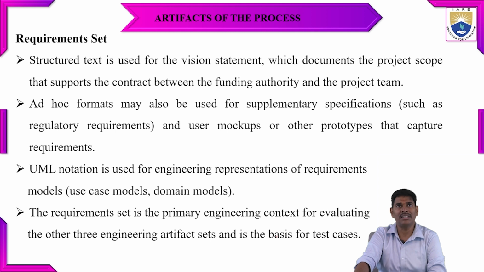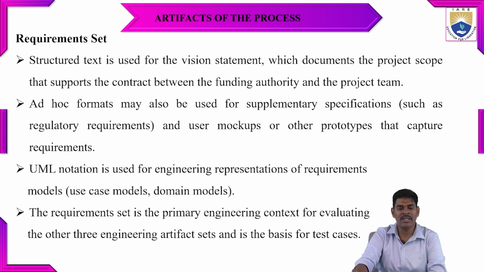In the requirement set, we need to check what the structured text is. In the structured text, we need to check what the vision statement is and how we are going to document the project scope that must support the contract between the funding authority and the project team here.